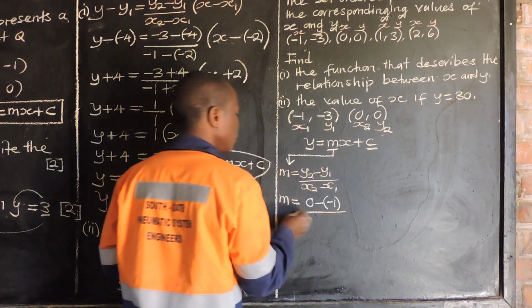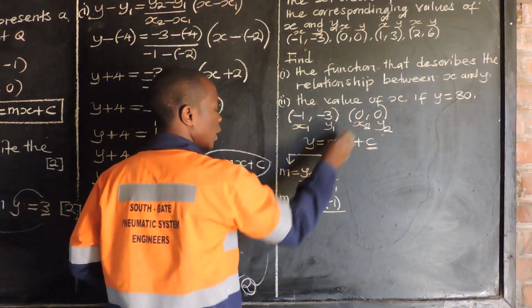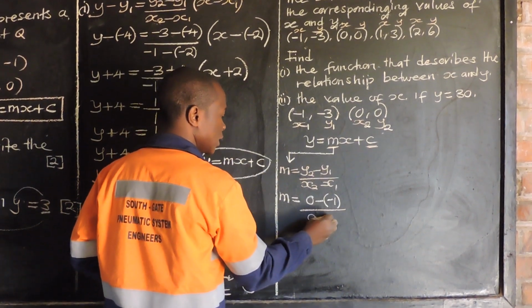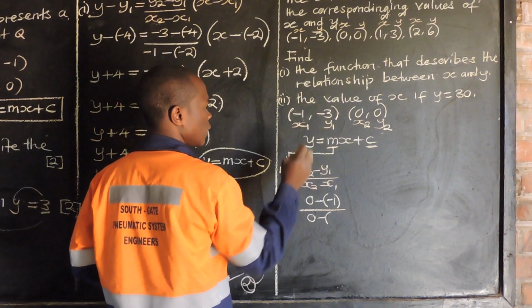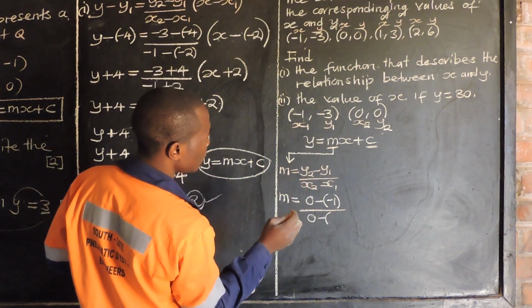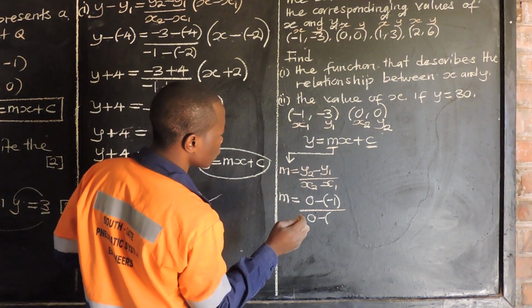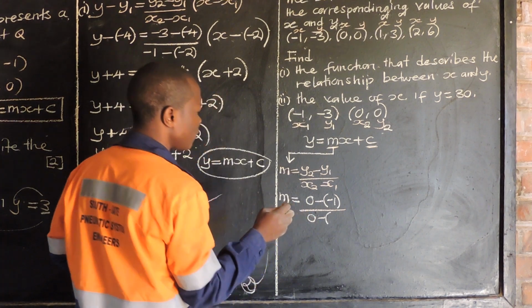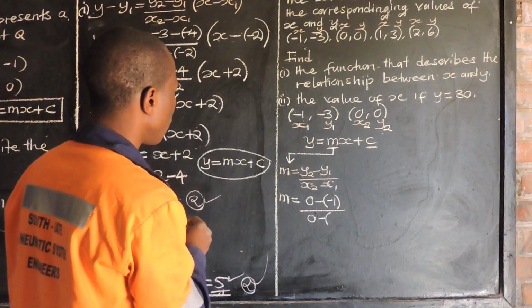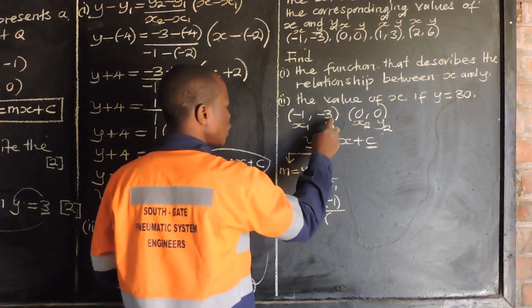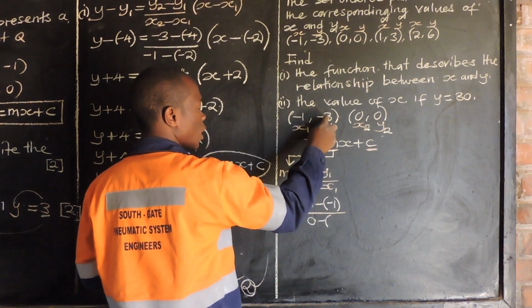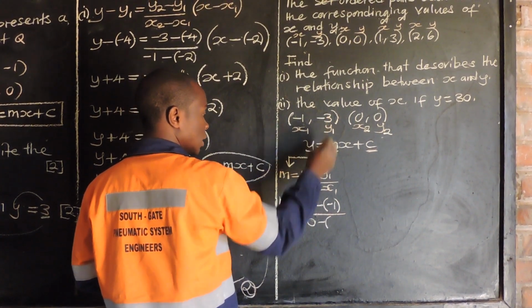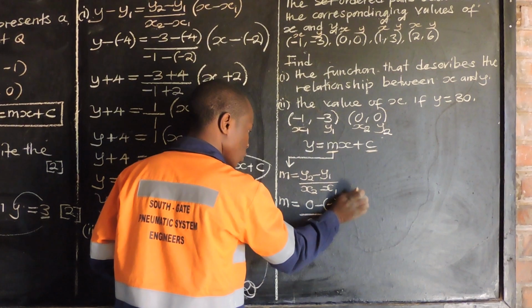Then over, what is our x2? X2 is 0 minus x1. Sorry, I've made a mistake somewhere. Look at this one. What is y1? Y1 is negative 3, not negative 1. So sorry for this one.